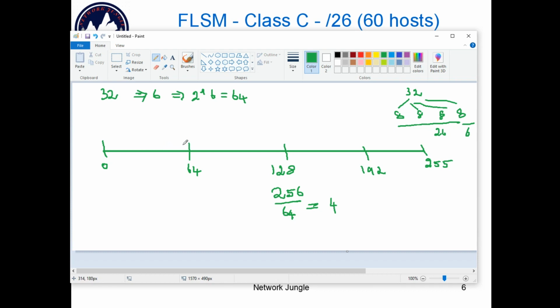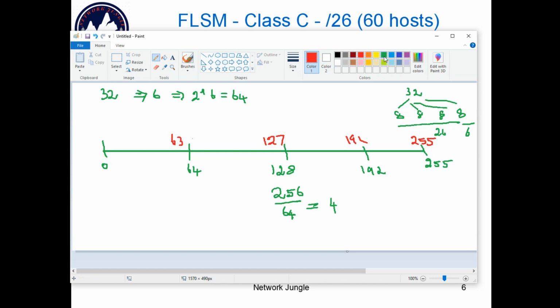Next we write the broadcast address. Before 64, the last value is 63. I can write it in a different color: 63, 127, 191, then 255. It is the last valid address in each sequence.